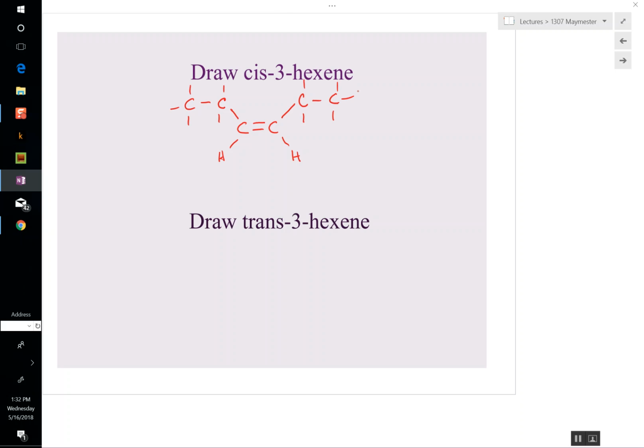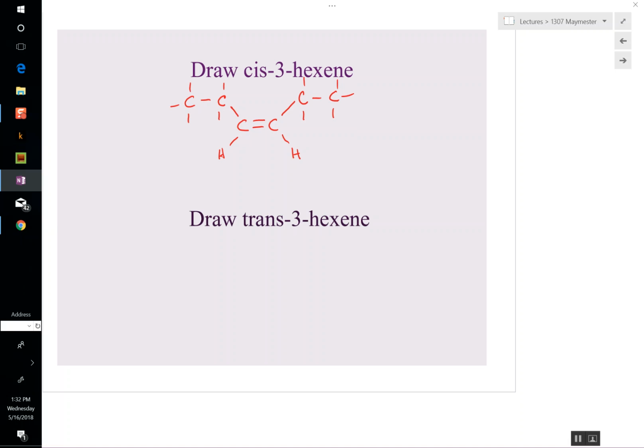Okay, now, before we go on to the other one, let's just do a line formula. There's the line formula. That's cis 3-hexene. 1, 2, 3, 4, 5, 6.